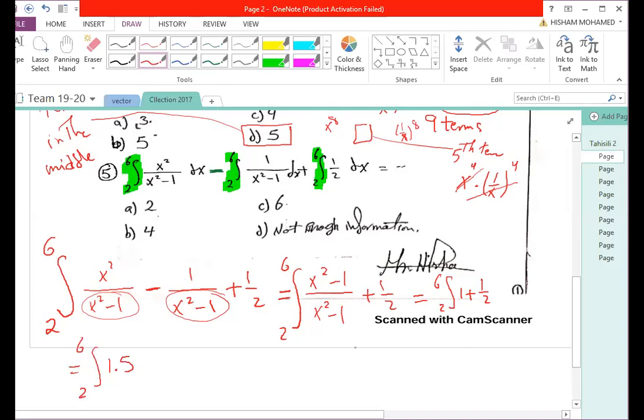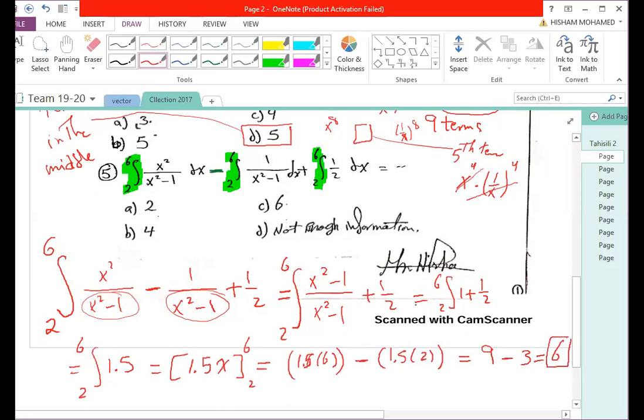As we know, the integration of 1.5 is 1.5x from 2 to 6. So I'm going to plug in x with 6 minus the value of x at 2. 1.5 times 6 is 9. 1.5 times 2 is 3. And 9 minus 3 is 6.